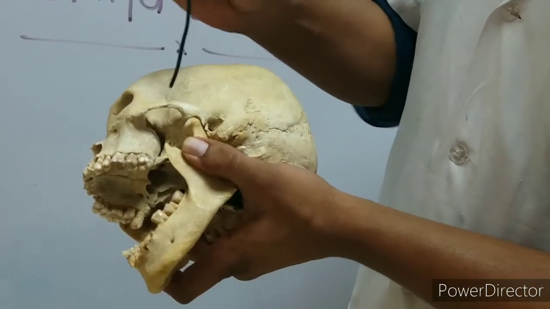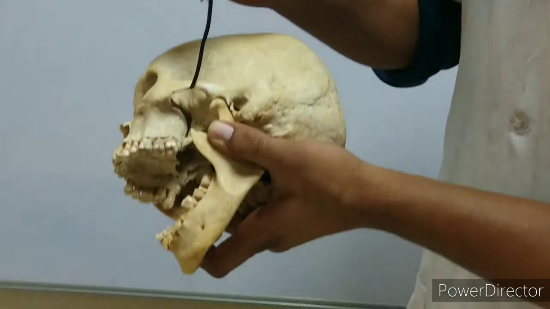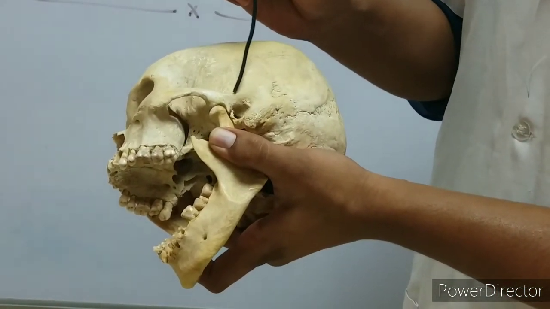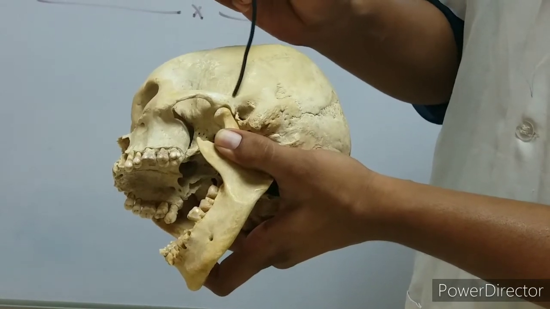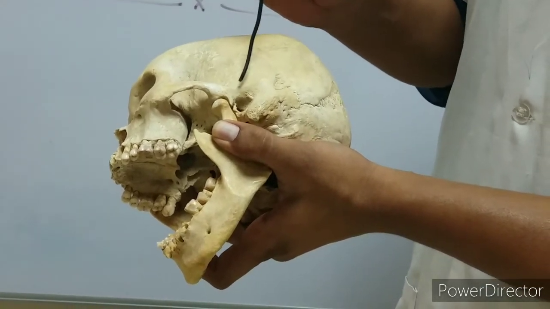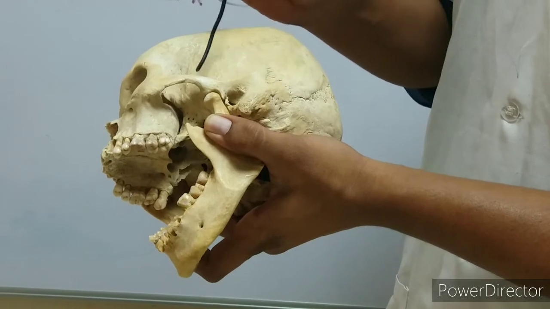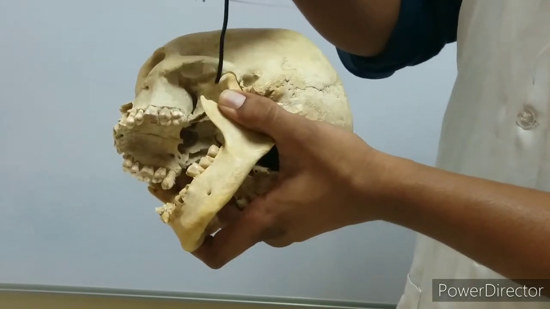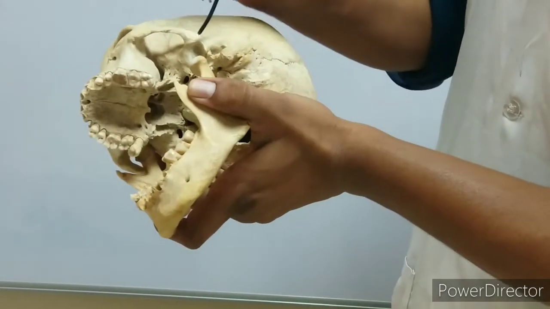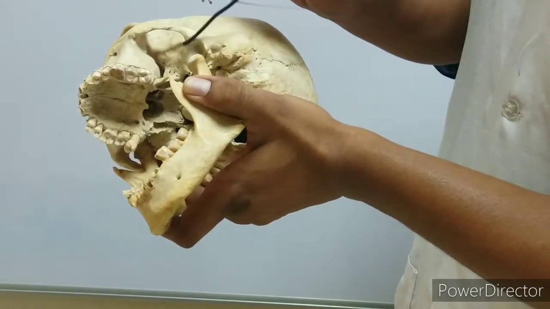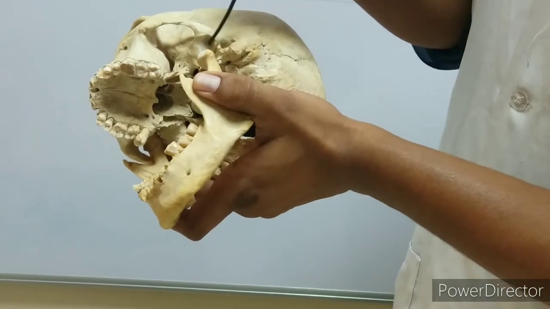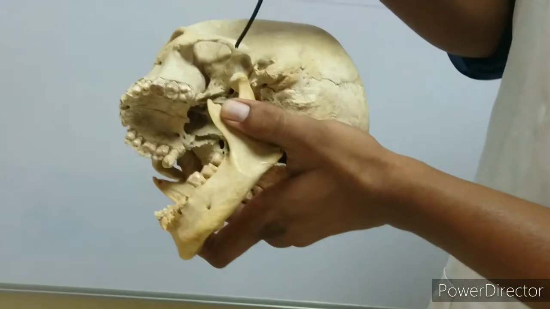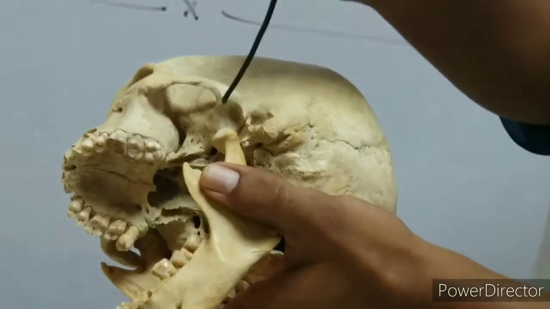So here is the upper border and this is the lower border. The upper border, the posterior root, is continuous with the supramastoid crest and the inferior temporal line. The lower border forms the articular tubercle in front of the mandibular fossa. Here this is the mandibular fossa, this is the external acoustic meatus, and this is the articular tubercle.